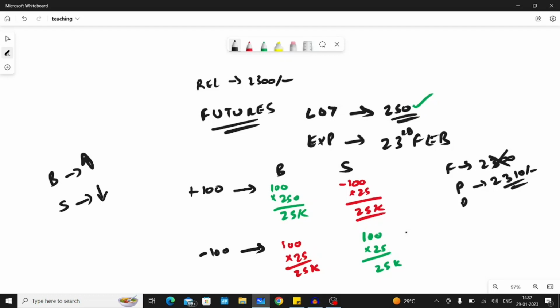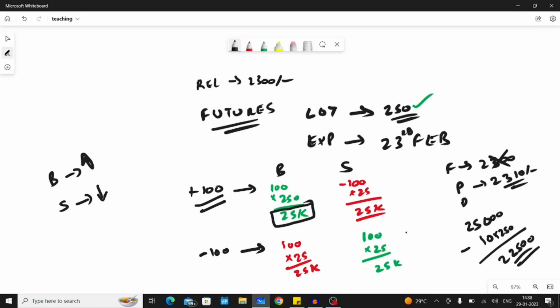In that scenario, if there is a 100 rupees increase, the profit is not going to be 25,000. It is going to be 25,000 minus the 10 rupees premium, so 10 into 250. So overall it will be only 22,500 rupees.